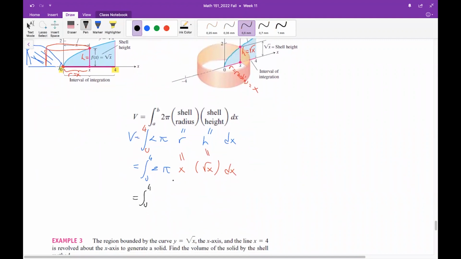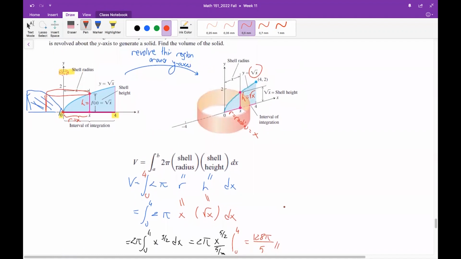From 0 to 4, you can take 2 pi out of the integral because it is just a constant. You are integrating x to the power 3 over 2 dx, so add 1 to the power and divide by the new power, like this. There are boundaries from 0 to 4. If you insert the upper and lower boundaries, you will find the value for the volume. This is how you apply the cylindrical shells technique.